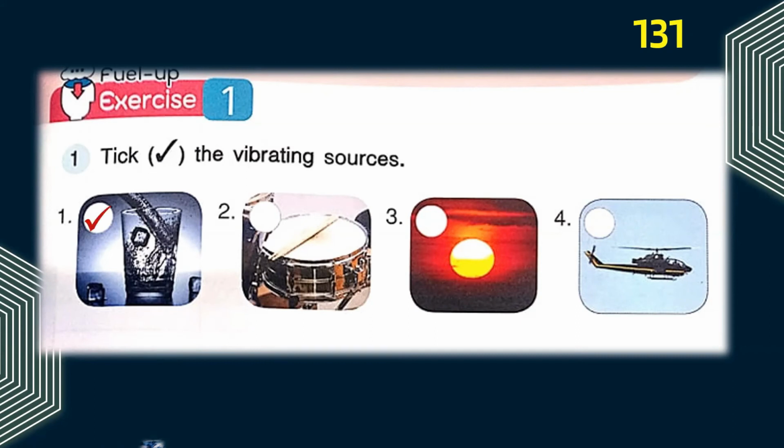What about number 2? Drums. If we play the drum, will it produce sound? Yes. What about number 3? A moon. Does it produce sound? Of course not. And for number 4, a helicopter. A helicopter can produce sound.